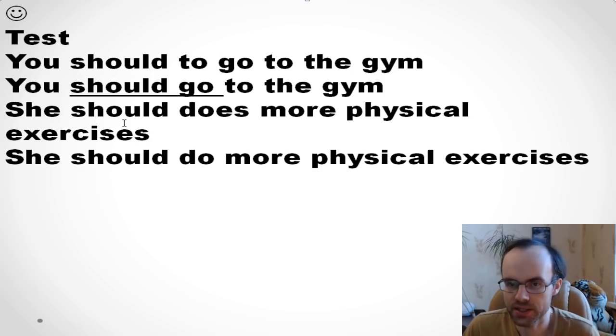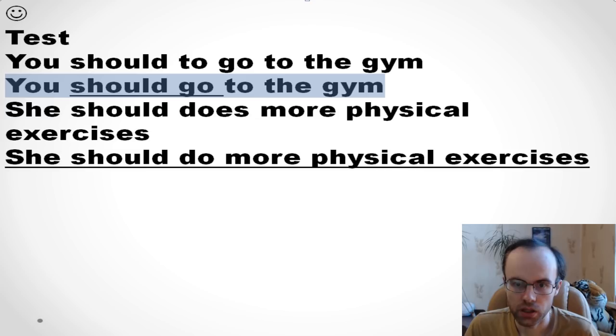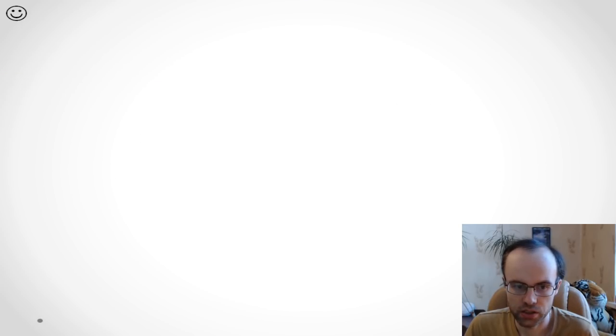Please, which sentence is correct? Think about it. So you see, no s. You need to say she should do more physical exercises. Okay, right. You should go to the gym and she should do more physical exercises. My friends, good, very good.